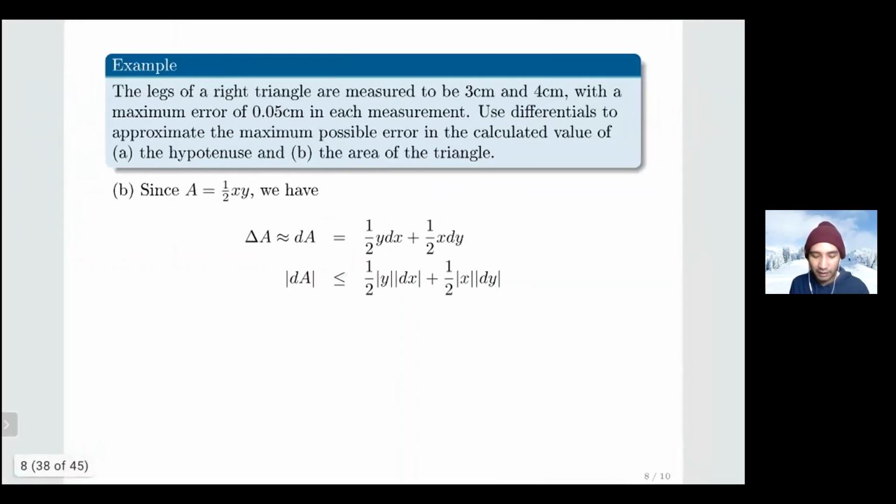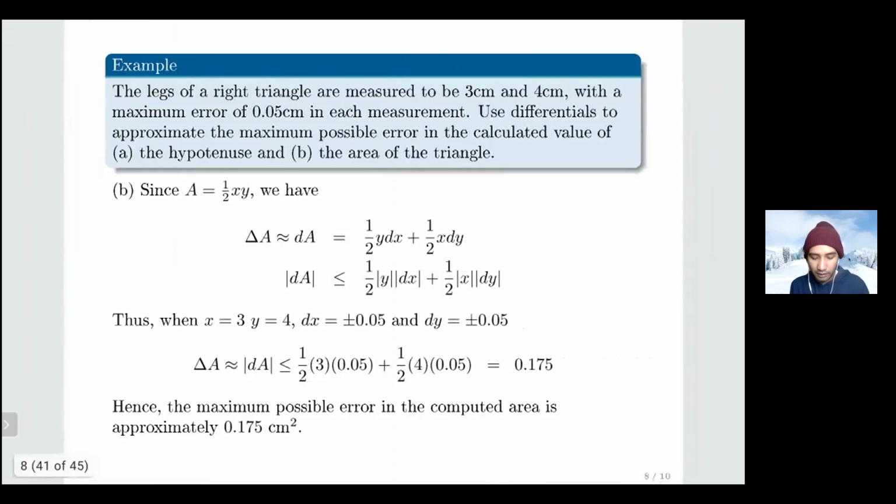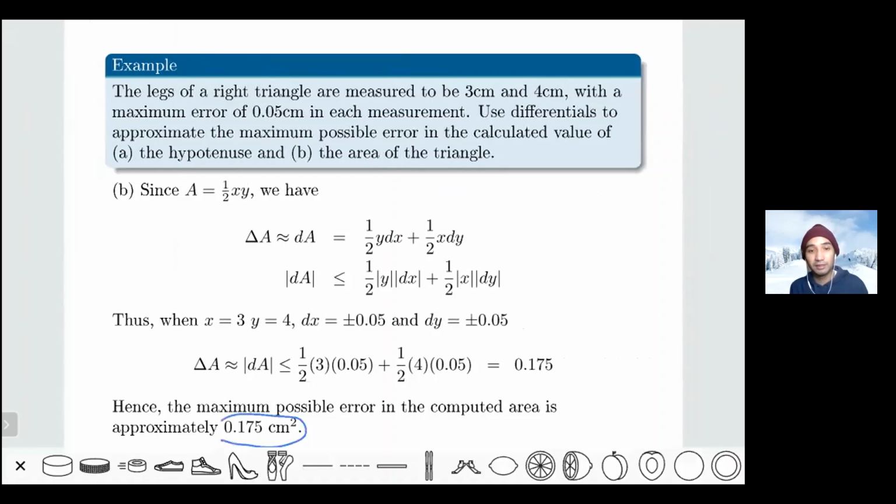And same here, triangle inequality. So we get this. Tapos same values ng y, dx, x, and dy as before. Ang lalabas ay, no? So ito 3, 4, 0.05, 0.05. Ang lalabas ay 0.175. So yung maximum possible error in the computed area is approximately 0.175 cm squared.